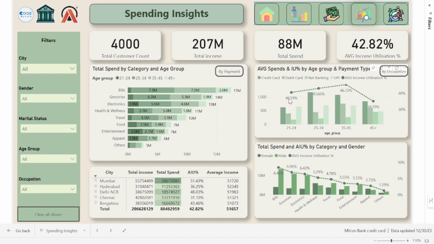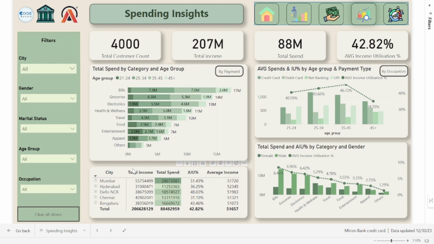Here also we can see that most of them are using the credit card followed by UPI, and our key customers, the 25 to 34 and 35 to 45, are also using the credit card followed by UPI.